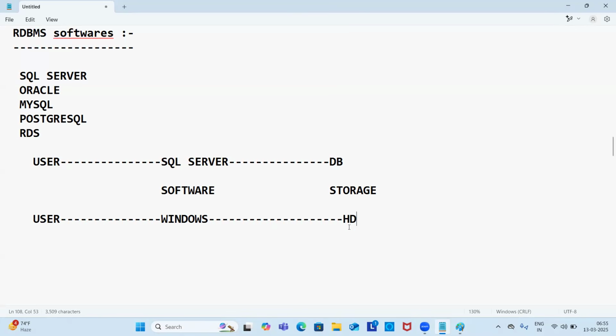If you want to work with the hard disk, we take the help of Windows software to create files in the hard disk. Similarly, to work with the database, we use a software called SQL Server. We will be learning how to store the data in the database from these codes.